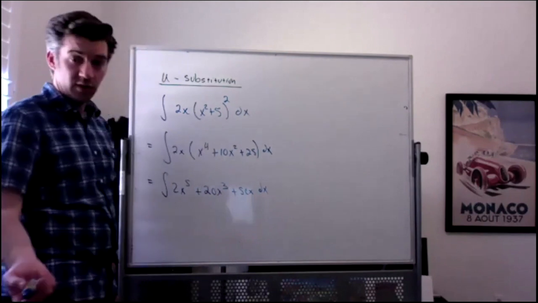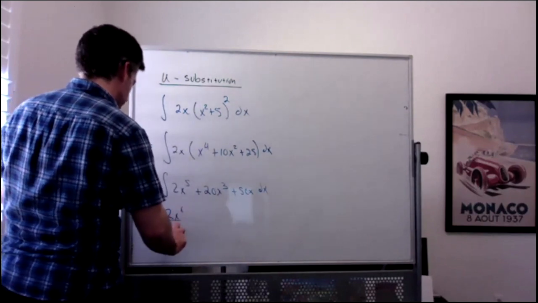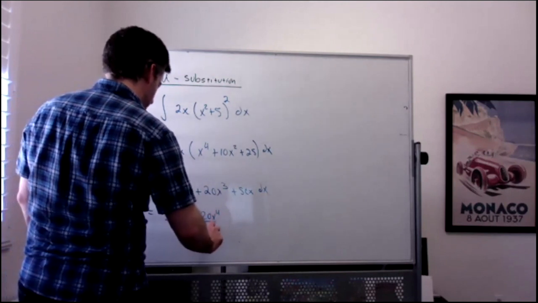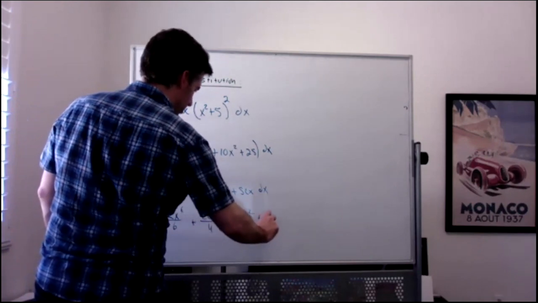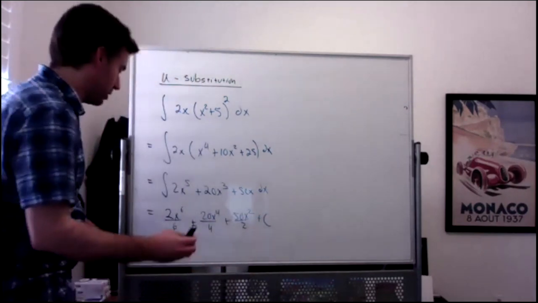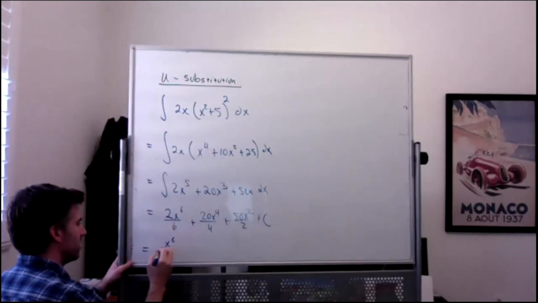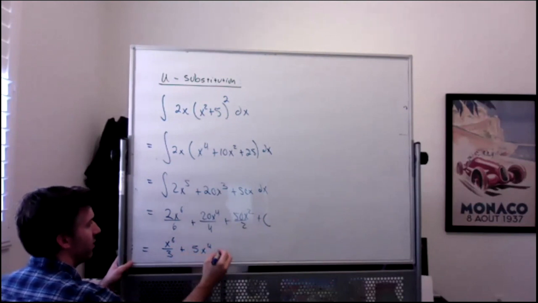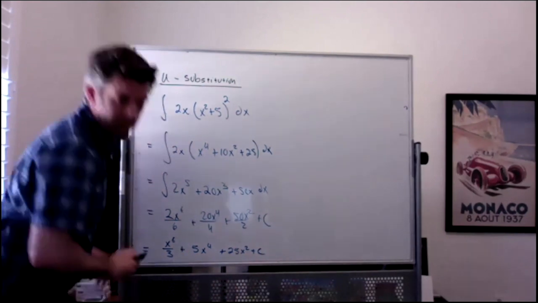Then we antidifferentiate: 2x to the 6th over 6 plus 20x to the 4th over 4 plus 50x squared over 2 plus c, which simplifies to x to the 6th over 3 plus 5x to the 4th plus 25x squared plus c.